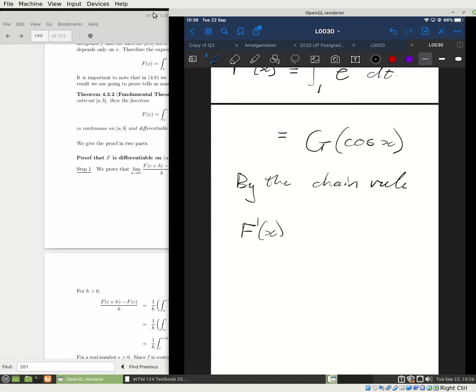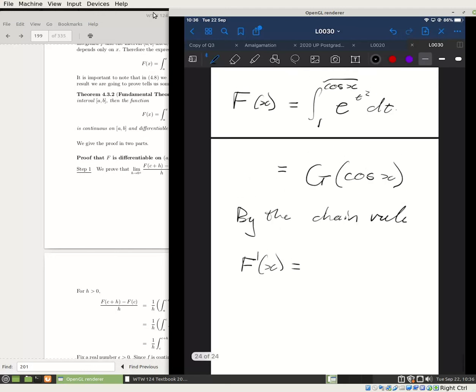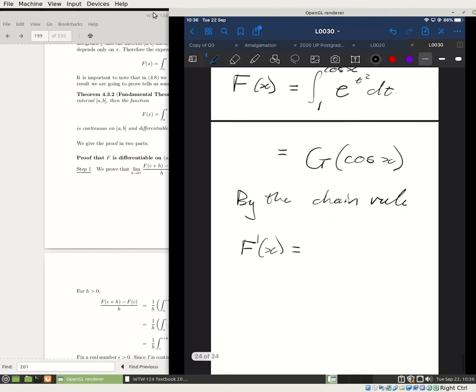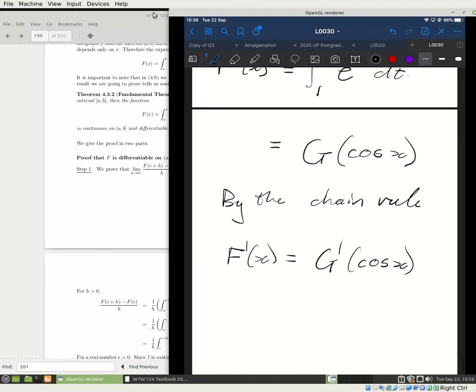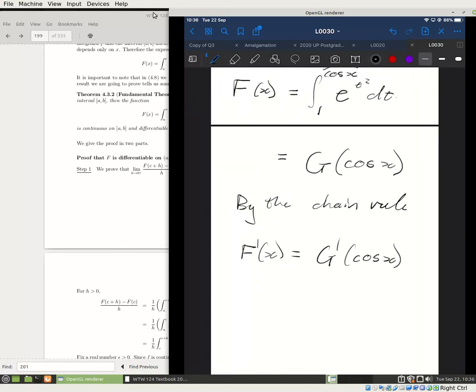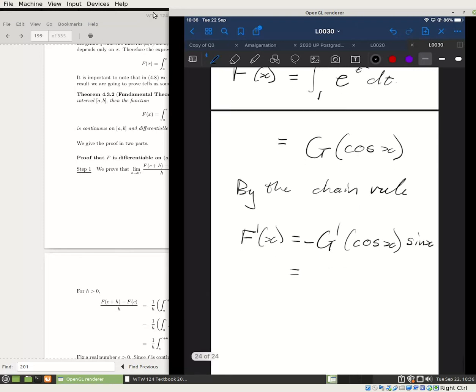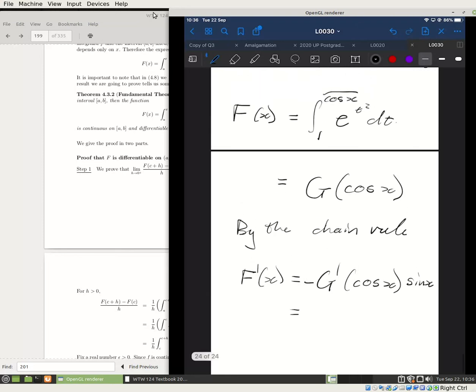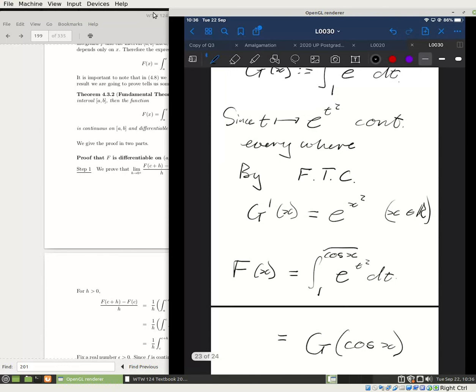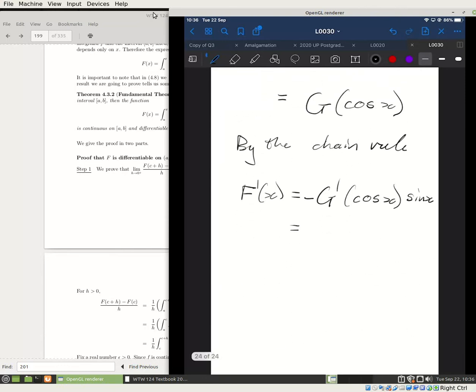So the derivative of F is going to be the derivative of g applied to cosine x multiplied with the derivative of cosine x, which is minus sine x. But we know what the derivative of g is. The derivative of g is e to the x squared. So this is going to be minus e to the cosine squared x times sine x.